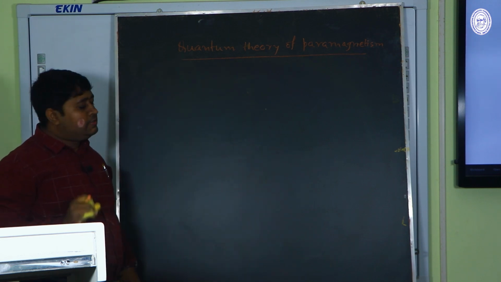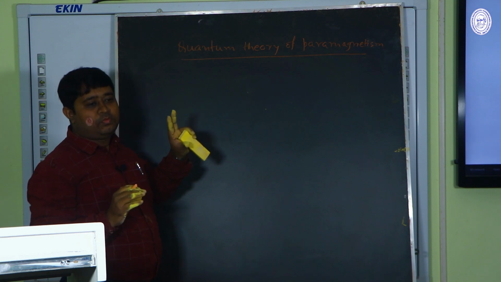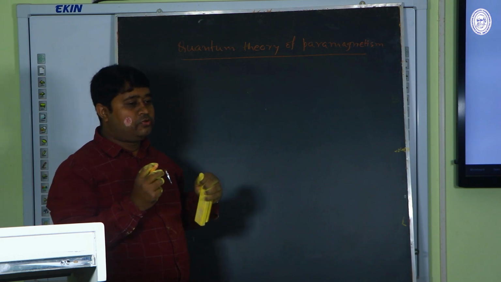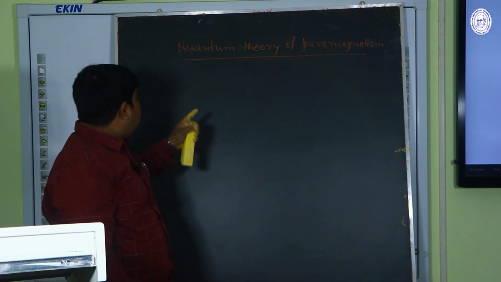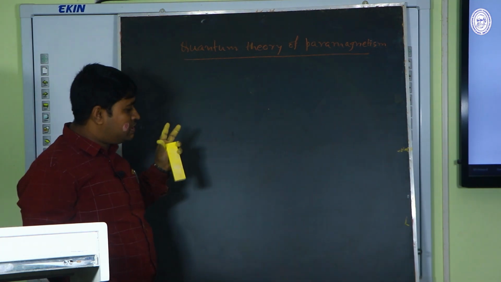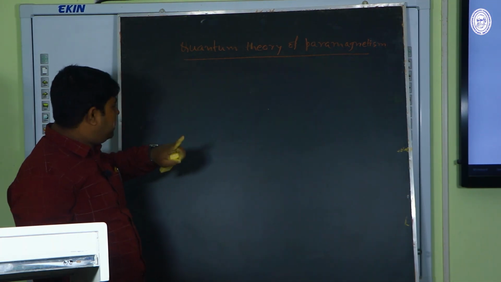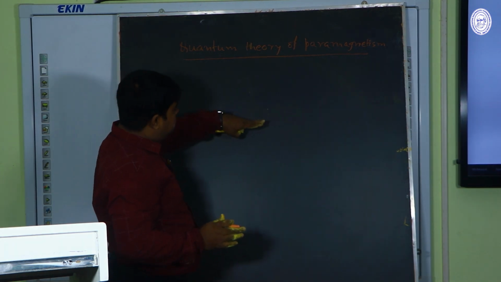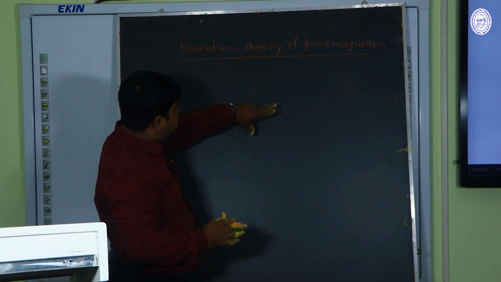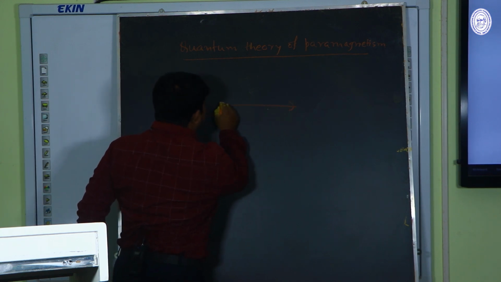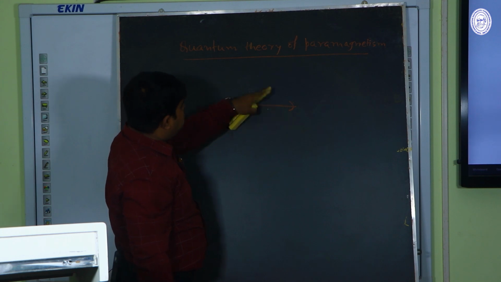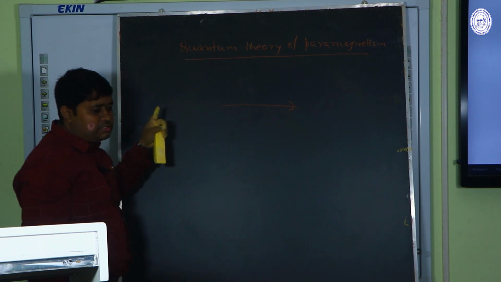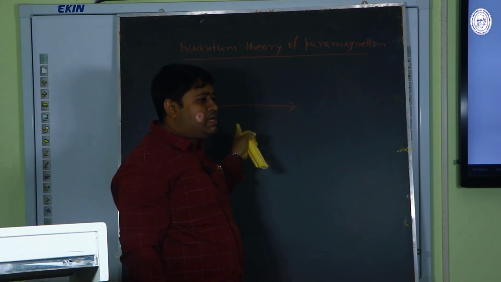In classical theory, we assume that the magnetic dipole moments rotate freely. That means there is no interaction between two atoms, molecules or dipoles, and the dipole moments are oriented in any direction about the external magnetic field.